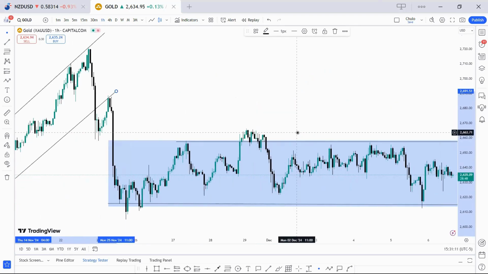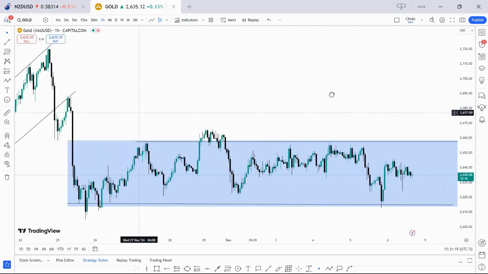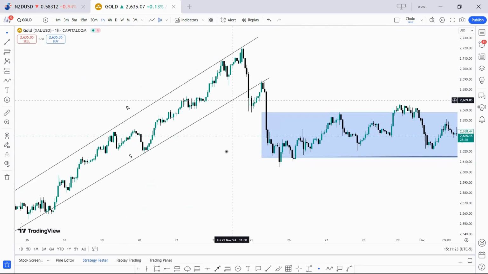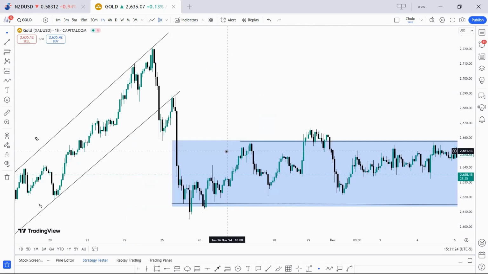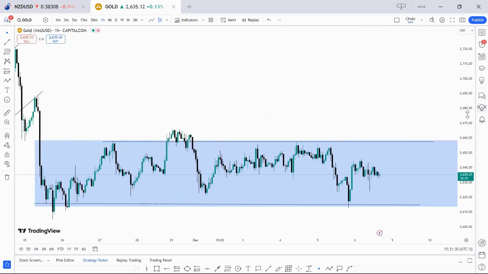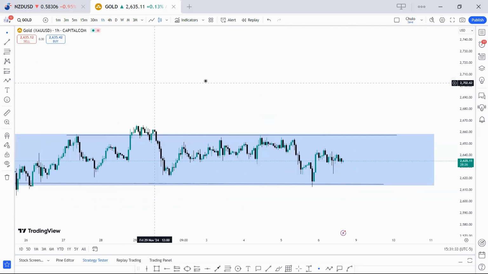So now the next big question is, how do you trade this support and resistance, especially the ranging support and resistance like the one we have here? Like I said, in a ranging market, what I always expect is for price to break out to one level, then retest, and then keep moving in the direction it broke out to.